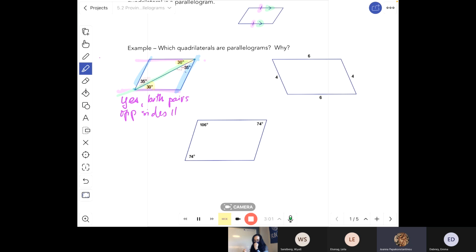Okay, looking at the next example, is this quadrilateral a parallelogram? If so, how do you know? Yes.